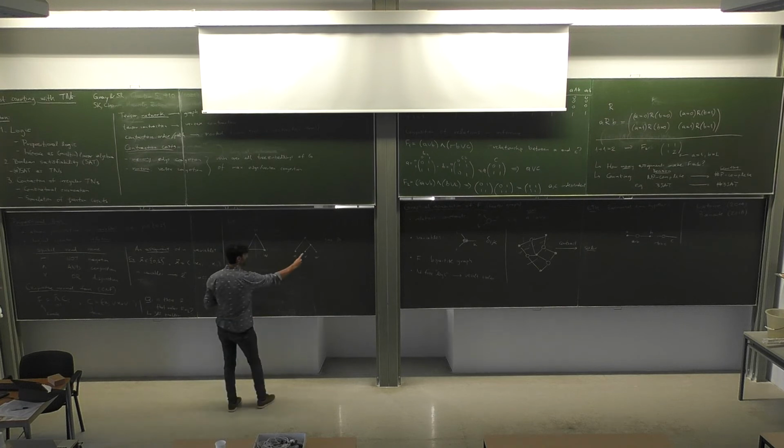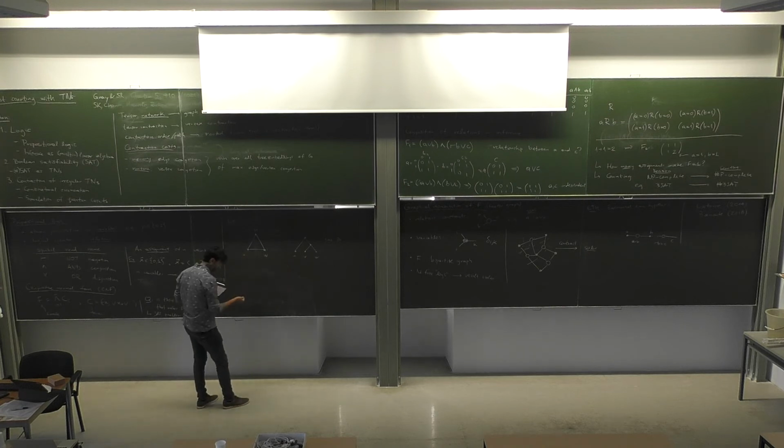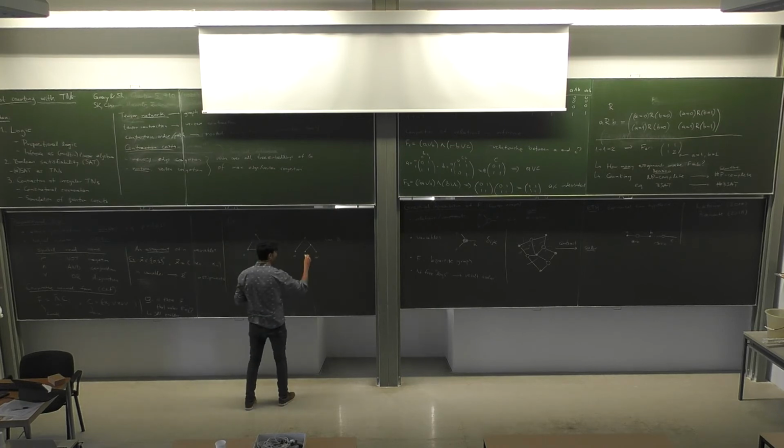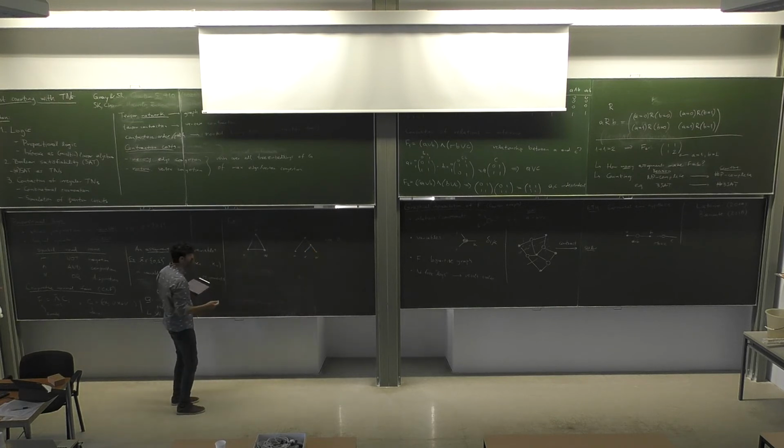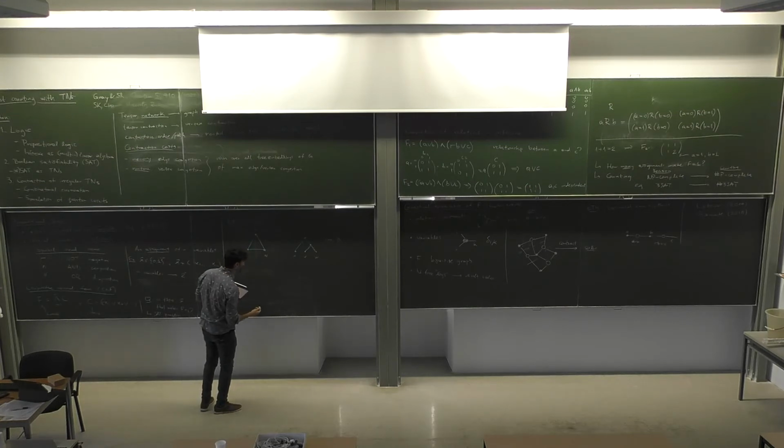Between V and W, I have an edge, the red, pink, whatever this is. So I connect them like this, spanning the edges of the tree. Between U and V, I have a blue edge, and so I connect them like this.